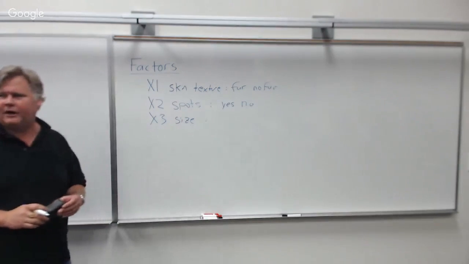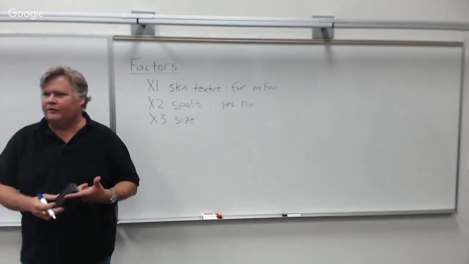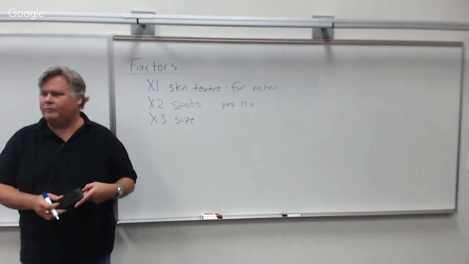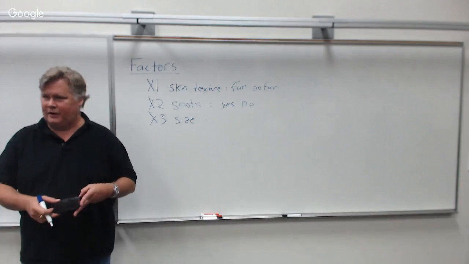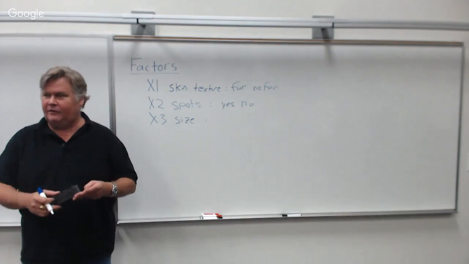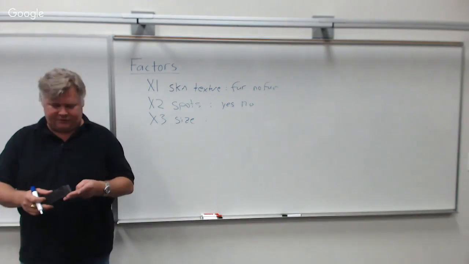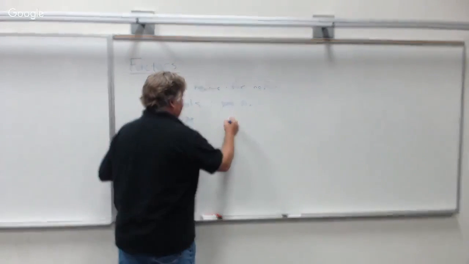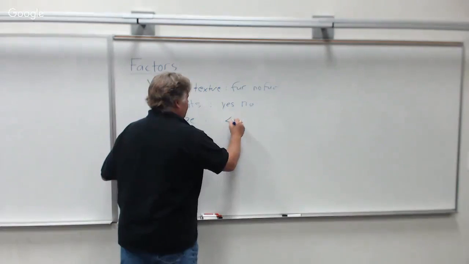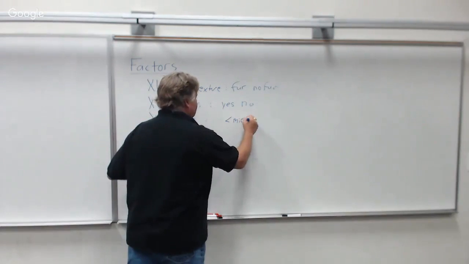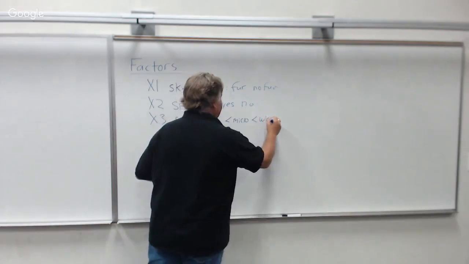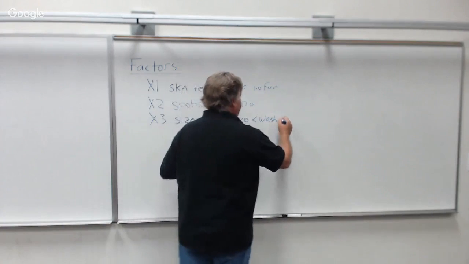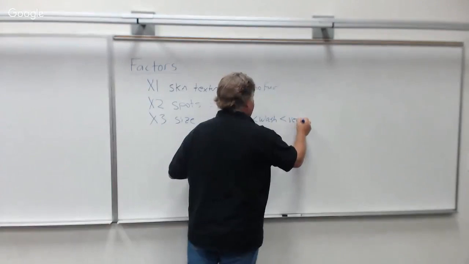The three questions it asks about size are: is it larger than a microwave? Is it larger than a washing machine? And is it very large? Or something like that. So essentially we have microwave, washing machine, size, and very large.